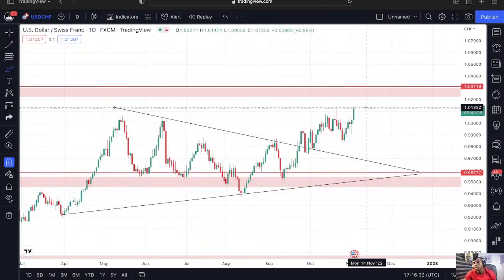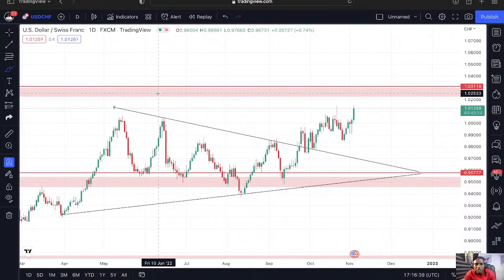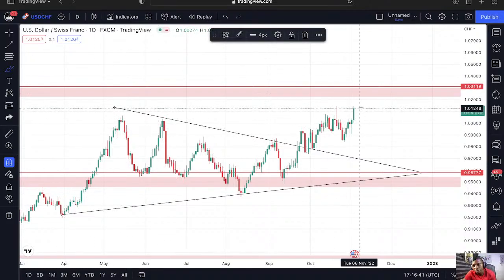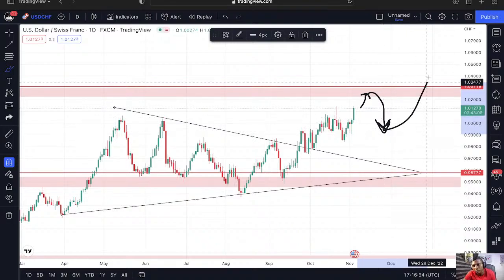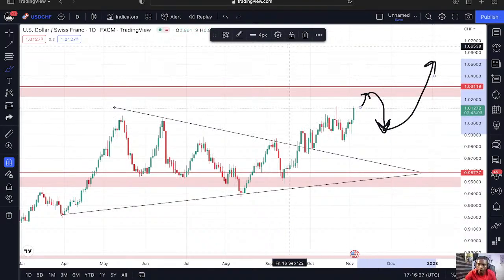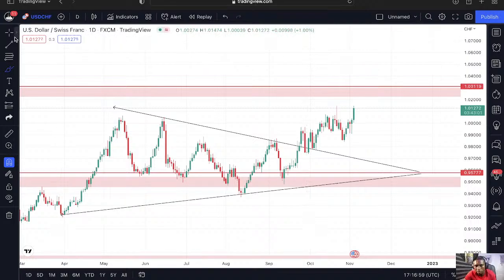Which means that tomorrow might be greeted with another bullish pump, which might push price into this region before price now rejects back, possibly retests towards the downward side and moves back up. So those are the possibilities of what would most likely happen.